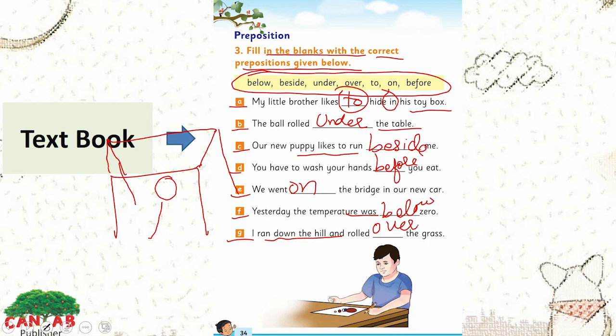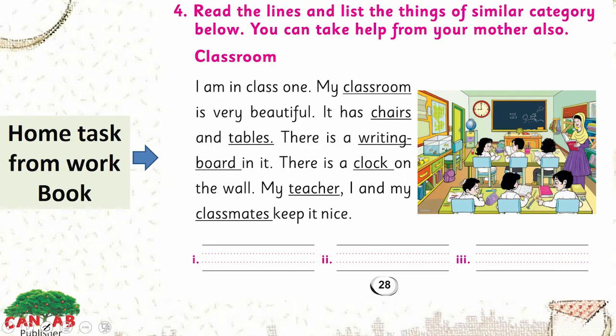If you read these sentences carefully, you will learn the proper use of prepositions in these sentences. Like this sentence shows the temperature is below 0, over the grass, under the table, likes to hide, beside me, before, on. This is your home task from the workbook.